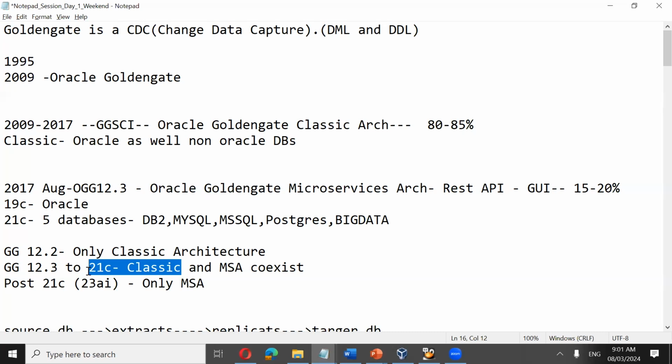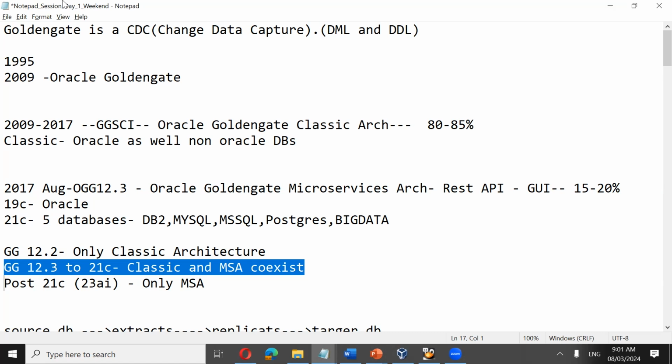Post 21C, no new version of classic architecture will be launched. The version of 23 AI which has been launched is for microservices architecture. From Goldengate version 12.3 to 21C, the binaries of classic and microservices are different. You will see when we download it. So you can choose what type of architecture you want. It's completely up to you.